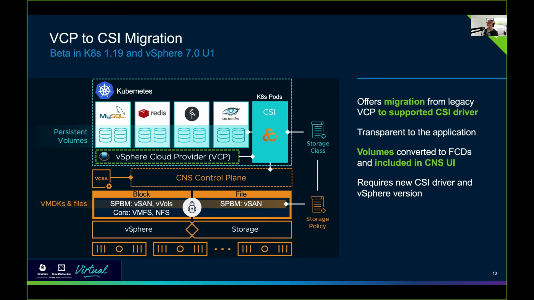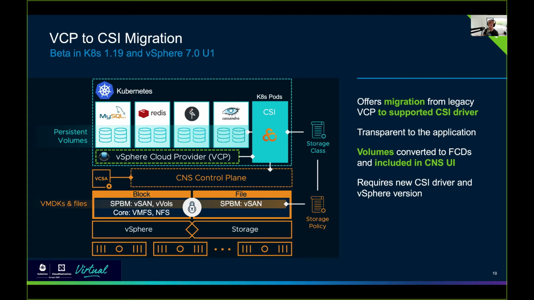Now, basically what this does is it allows you to have the vSphere cloud provider installed in your environment. You can then enable this migration feature with some feature flags in Kubernetes 1.19, and then you can install the CSI driver.